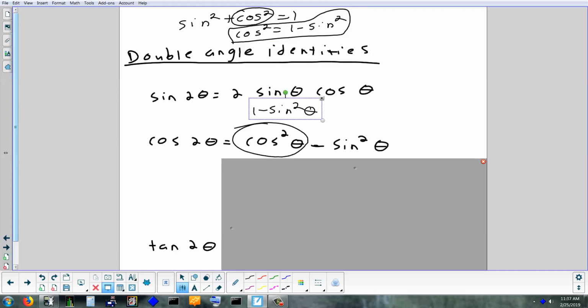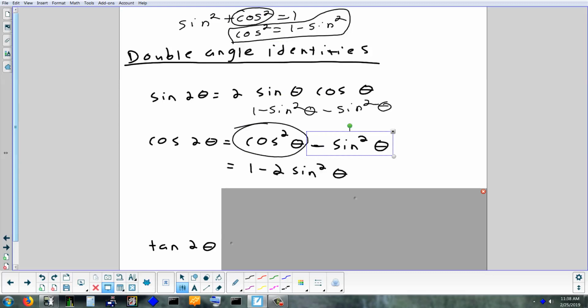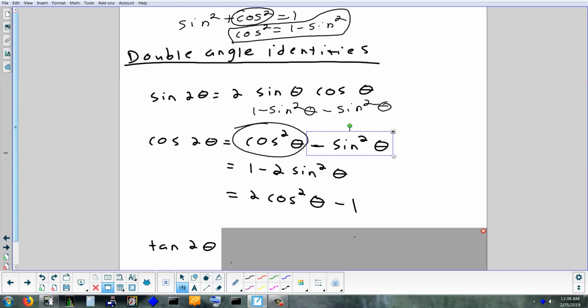That's 1 minus sine squared minus sine squared again. How many times did you just subtract sine squared? Twice. And that's another version of the identity: 1 minus 2 sine squared. It's really just plugging in the Pythagorean one. And you can also plug in the Pythagorean identity the other way.